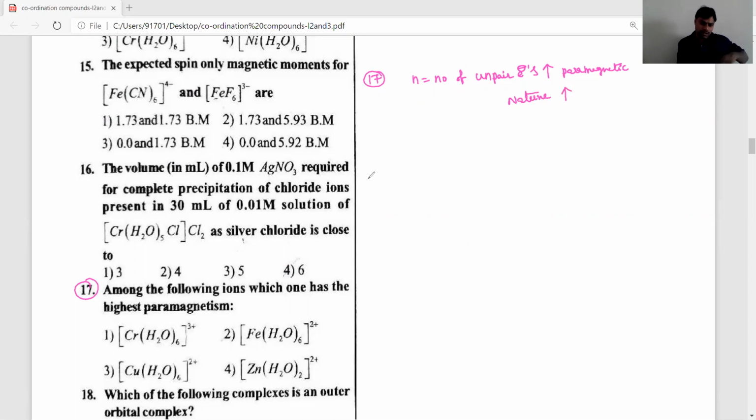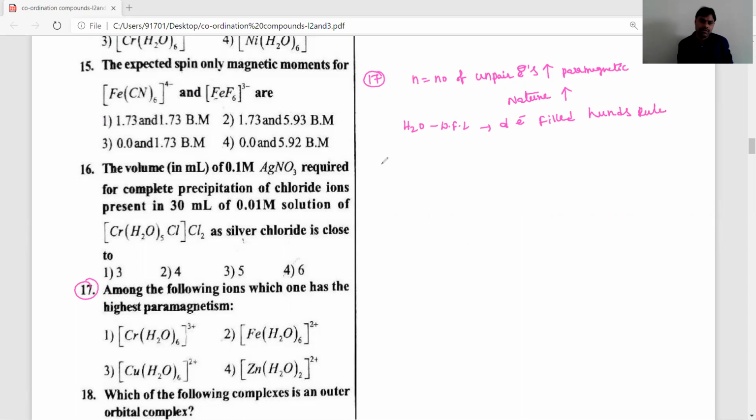Now, in the given complexes, water is a weak field ligand, and d electrons are filled according to Hund's rule.